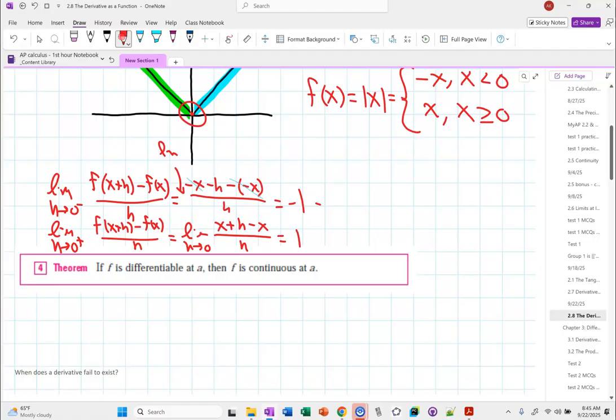Since these two limits disagree, what would we say? Does not exist.